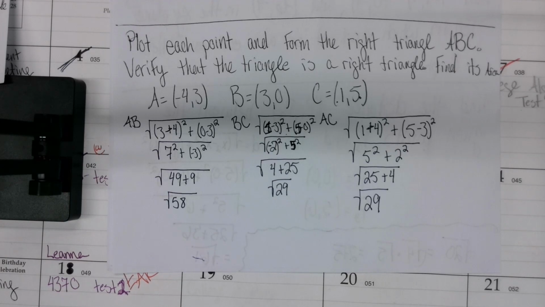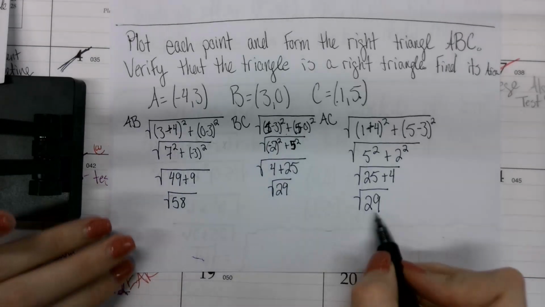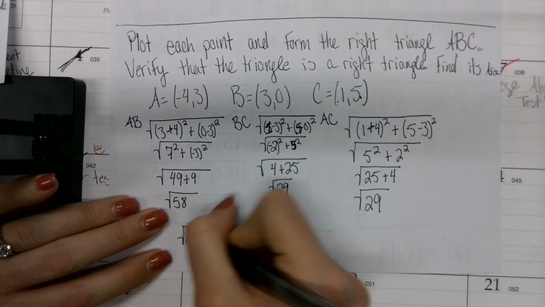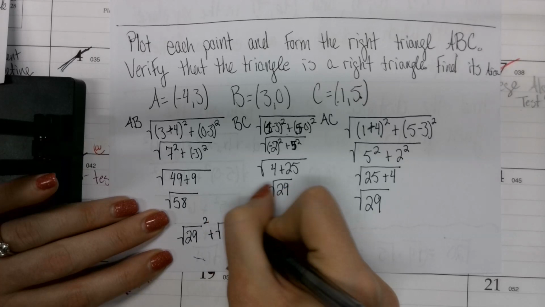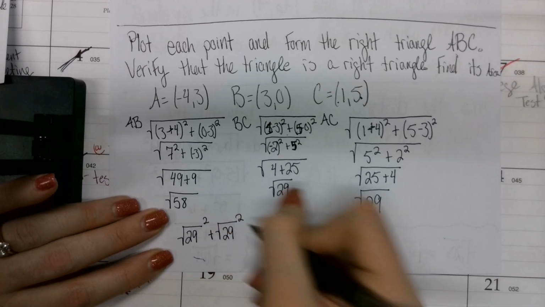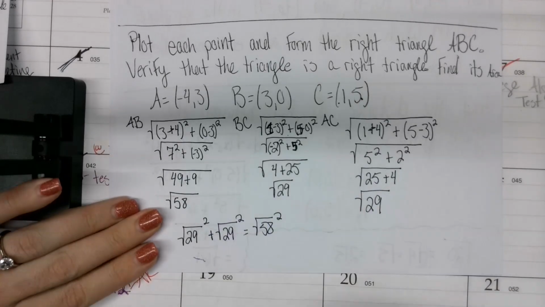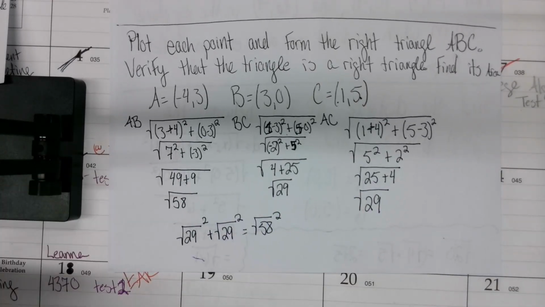So now then, when I go to prove this is a right triangle, we are going to take the two shorter sides, so the square root of 29s. So the square root of 29 squared plus the square root of 29 squared equals the square root of 58 squared. And if it is a right triangle, this will be true. If not, it won't.